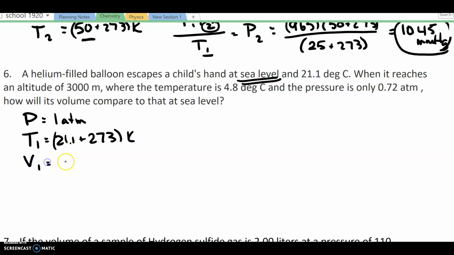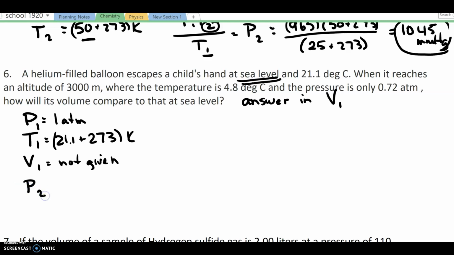And my first volume is not given. So your answer will be in terms of V1. There's going to be a V1 in your answer, and that's okay. You're going to say V2 is equal to something times V1.